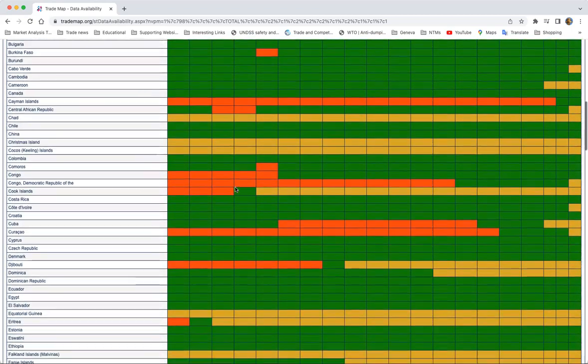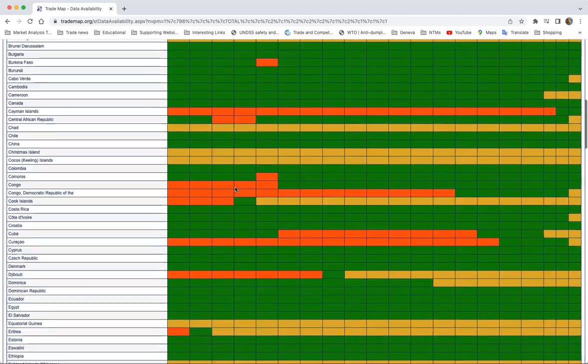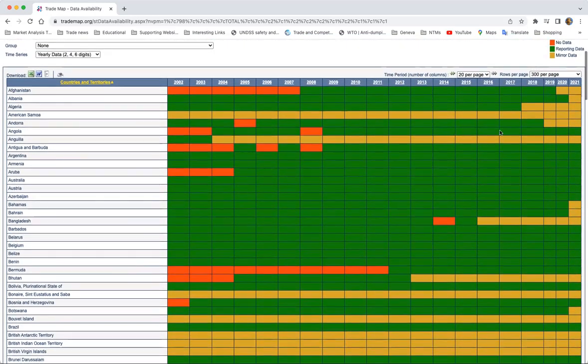You can see that a lot of countries still do not, sorry, I need to tell you the color code before. So the yellow information, the yellow boxes show you that the country did not report this data. The red boxes also mean the exact same thing. They did not report this data.